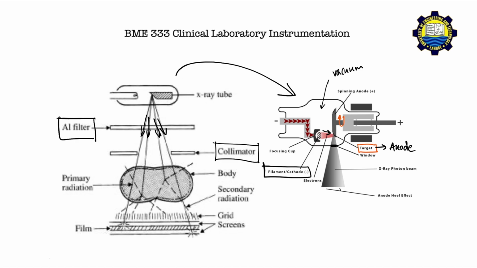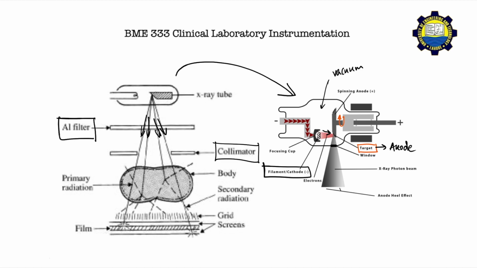But there are two ways for them to get converted into X-ray photons. We looked at the Bremsstrahlung effect, and we looked at the characteristic radiation. The Bremsstrahlung effect was about the deceleration, and the characteristic radiation was about the knocking out of the electron from the inner orbit.